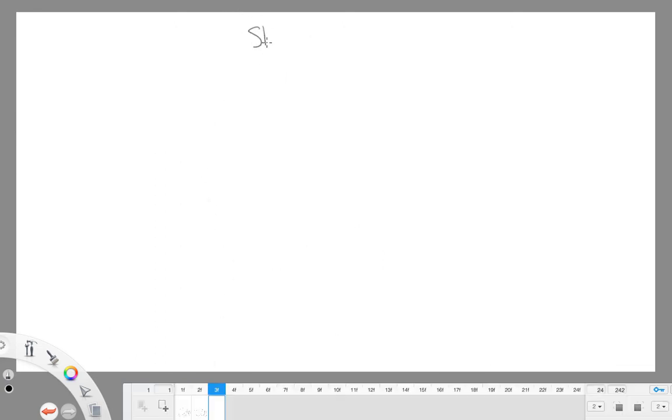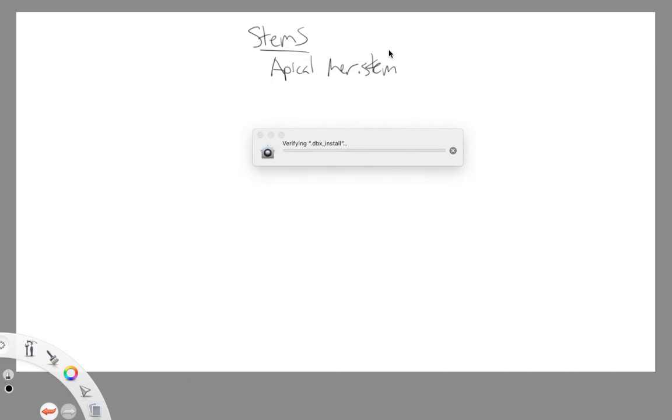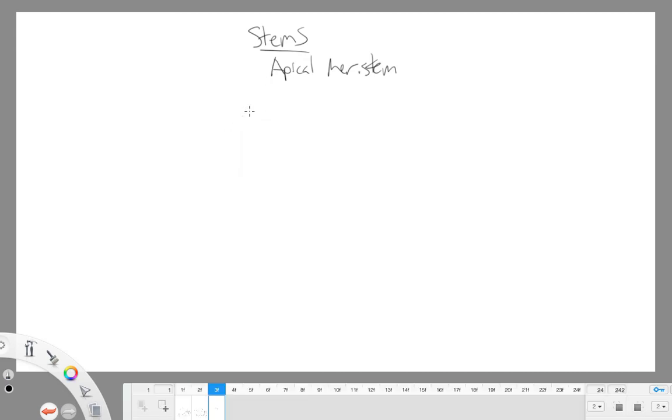And our stems are very similar. Right? It all starts, just like our roots, with the apical meristem. What is different is that we're not producing in our stems the root cap, right? So we don't have to worry about that.